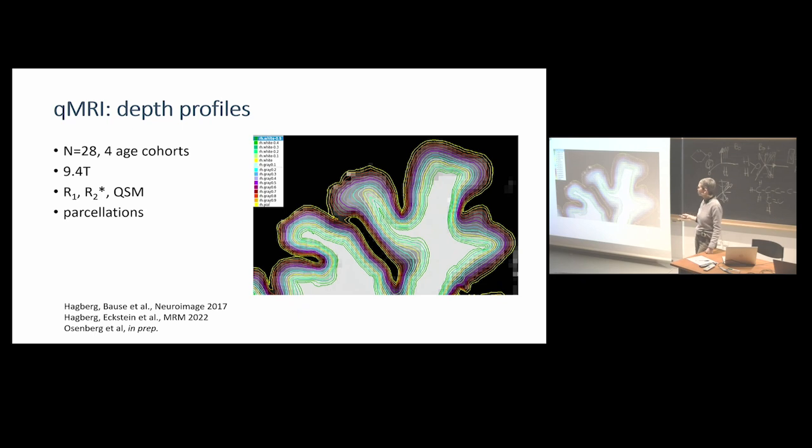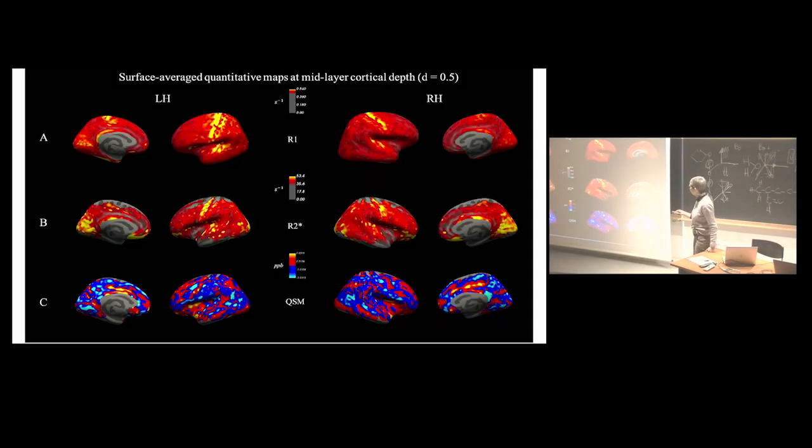We also used segmentation techniques to look at different cortical layers. The idea was to find out if age somehow influences the cortical layer profiles, and if we can capture those changes at 9.4 Tesla using voxel sizes between 400 and 800 micron. So these are the average maps.